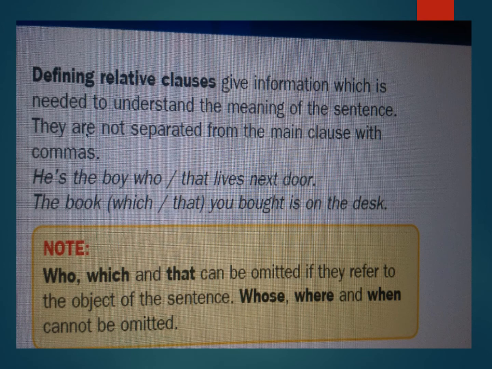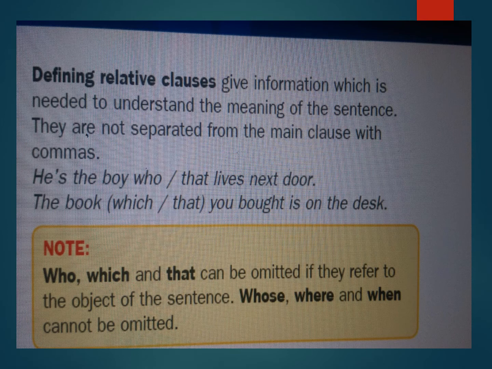Note, who, which, and that can be omitted if they refer to the object of the sentence. Whose, where, and when cannot be omitted. Look at this sentence. I met Ali.